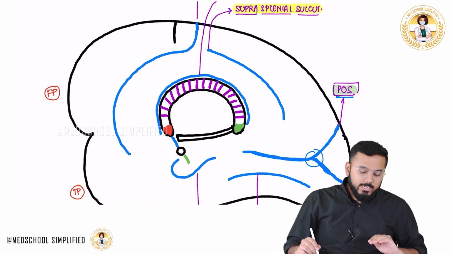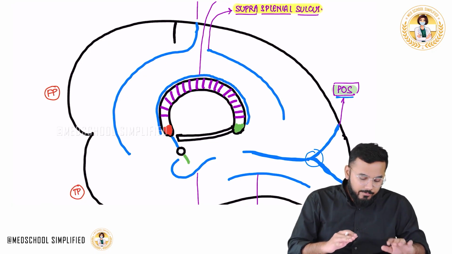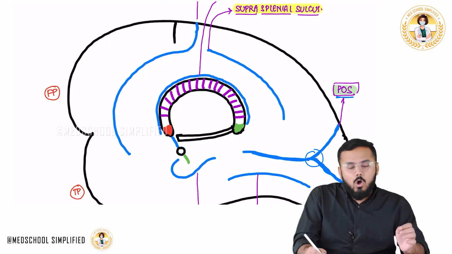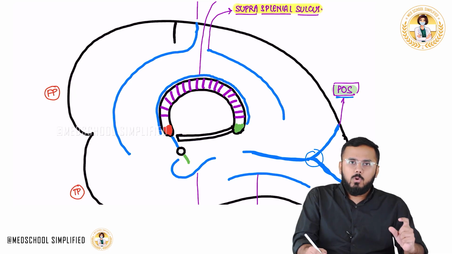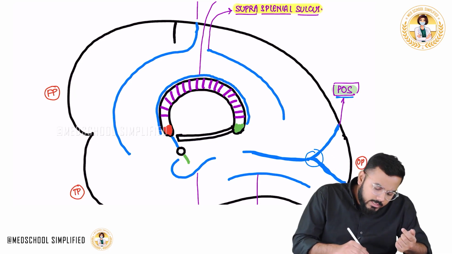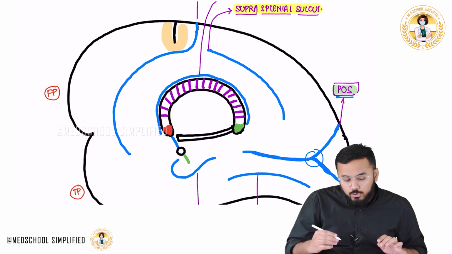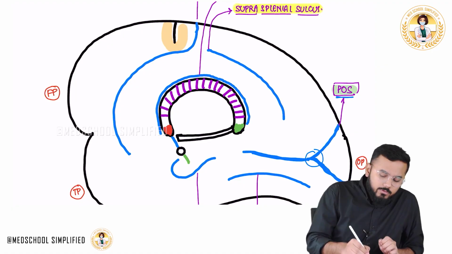Okay, now let us concentrate on the different kinds of gyri we have here. The first important thing, all of you know that this black colored small stick-like thing is called the central sulcus. Now, surrounding this central sulcus, there is a gyrus in the form of a U shape. This U-shaped gyrus is also given a specific name.